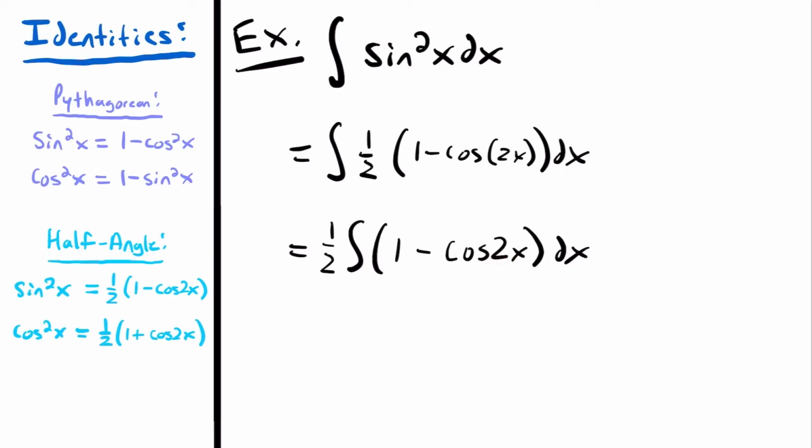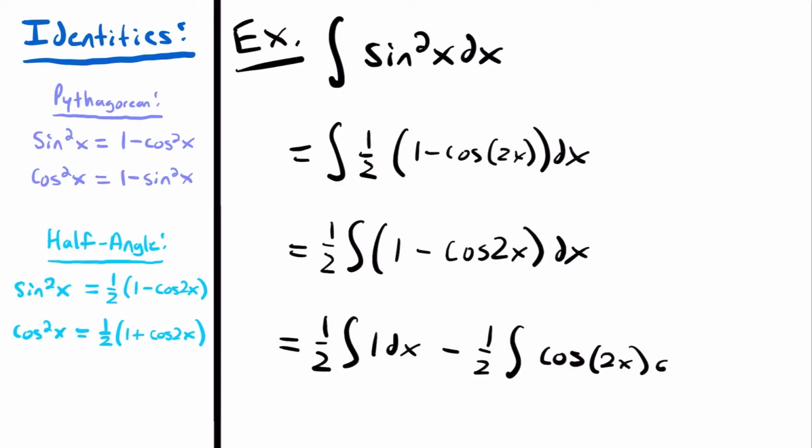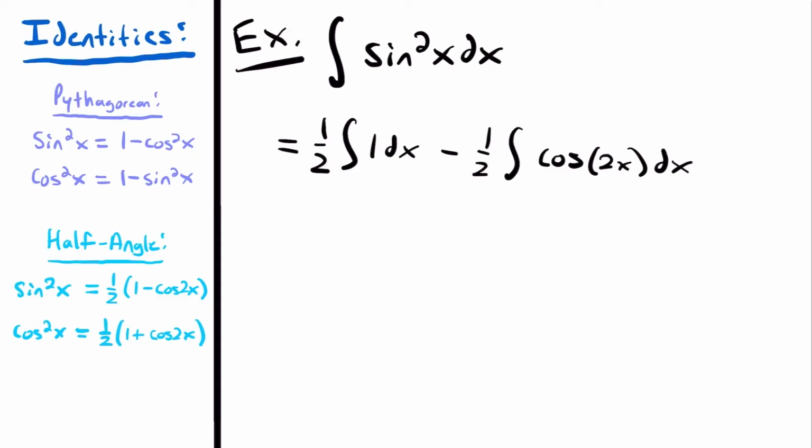I'll write that this is equal to 1/2 times the integral of 1 times dx minus 1/2 times the integral of cosine of 2x dx. If I clean up my work here, we know that the integral of 1 is just going to be x, because 1 is a constant, and the integral of a constant is just equal to the variable of integration.